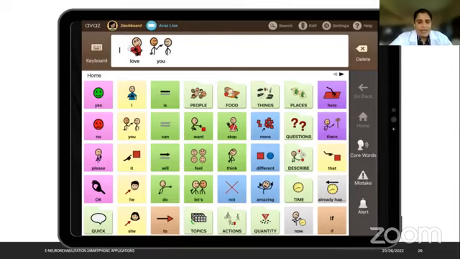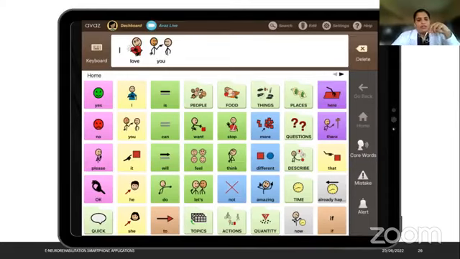As you can see here, certain pictures are given, and according to the pictures you have a word written, like yes, no, please, okay, can, want, stop, food, things, people, places. So if this application is used, let's say on an iPad or a smartphone, the patient can touch it.